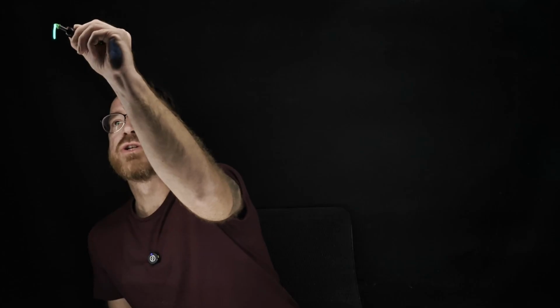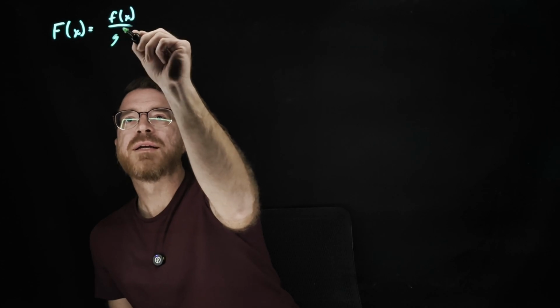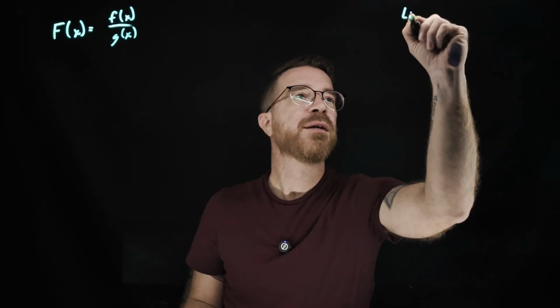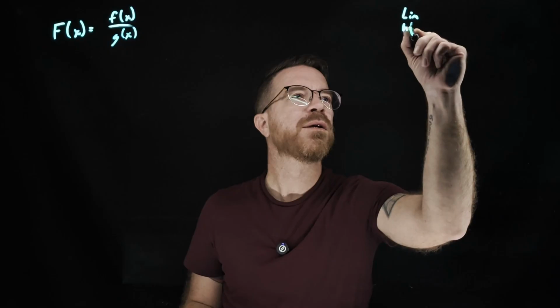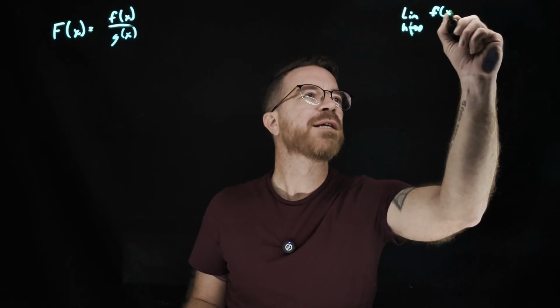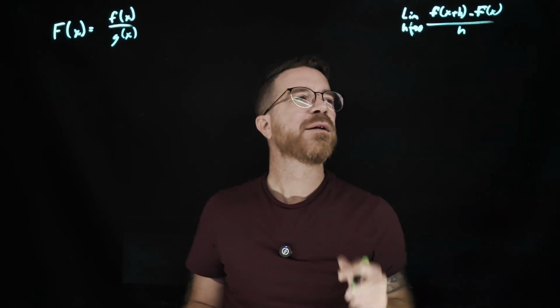So now we're going to do our quotient rule. We have the function, again, capital F of x, and this is going to be equal to lowercase f of x divided by lowercase g of x. And using our definition of a derivative, we're going to have the limit as h goes to 0 of F of x plus h minus F of x, divided by h.